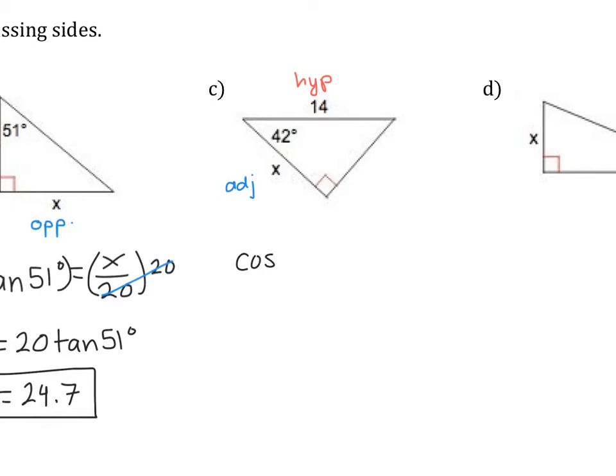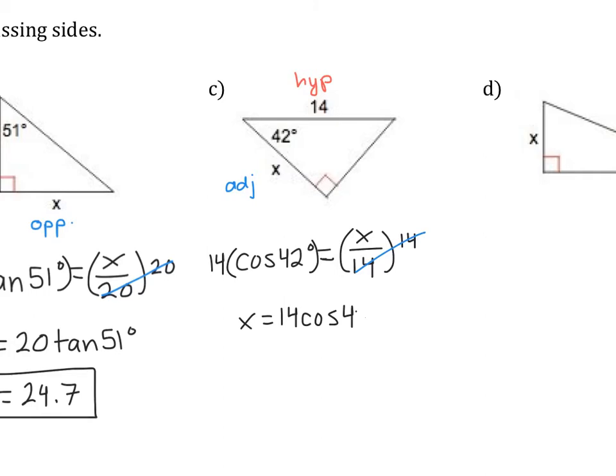So the cosine of 42 degrees, cosine is always adjacent over hypotenuse. So we write x over 14. And then to solve for x, we're going to multiply both sides by 14. We get x equals 14 times the cosine of 42 degrees. Let's use our calculator to get a decimal approximation. Here we get 10.4.